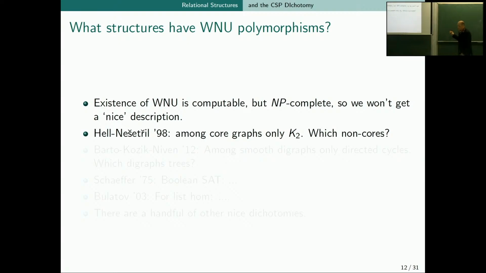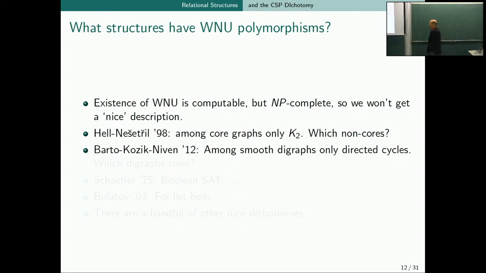But we don't know the dichotomy class. We don't have a nice description of the non-cores which have WNU, for which the retraction problem is polynomial time solvable.